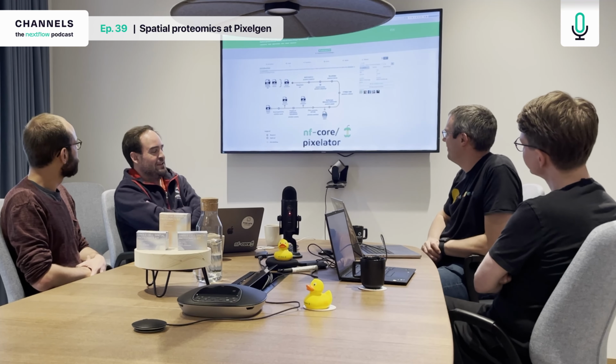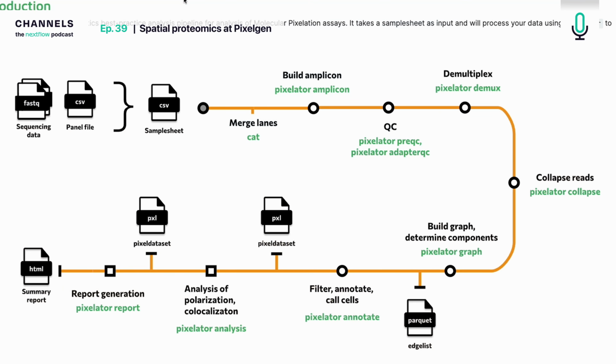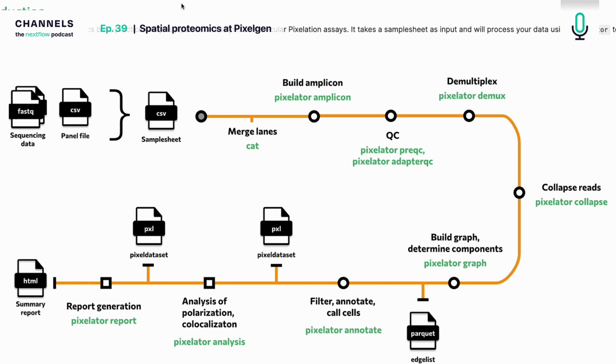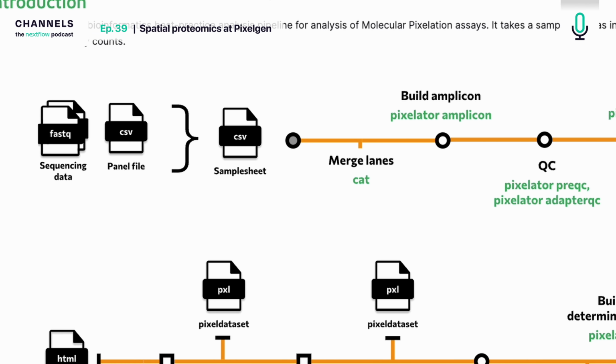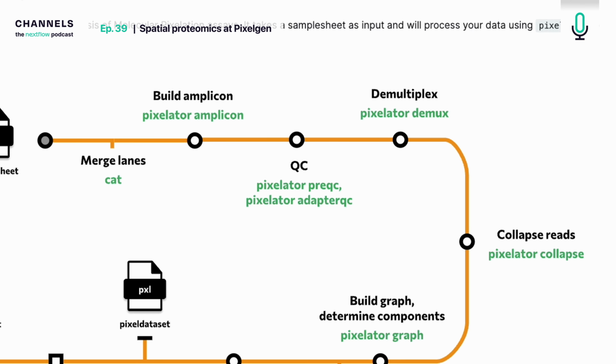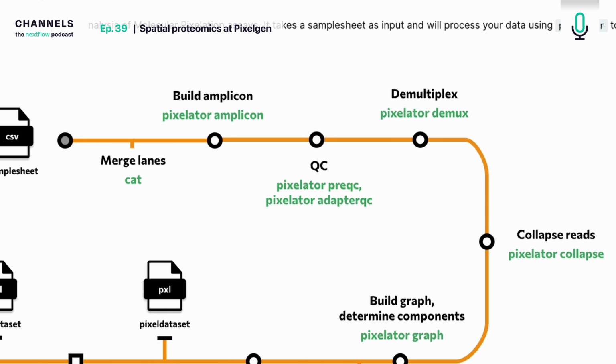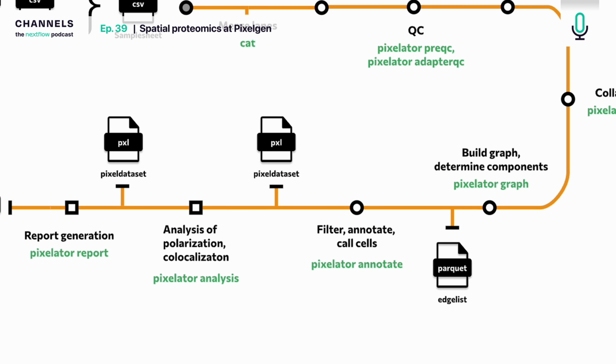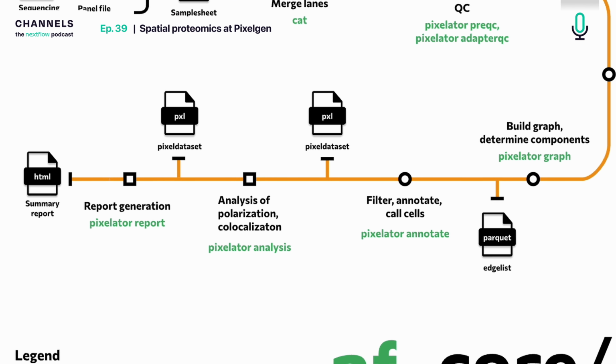So it's kind of divided in two. The first one is just processing all the reads and building the molecules, and finding the molecules that you are working with. And then the second part is forming the graph and then differentiating what is a cell.